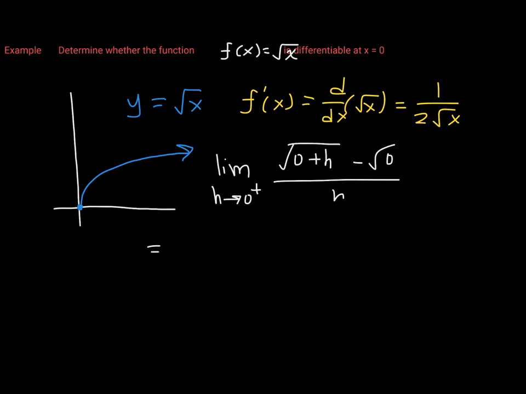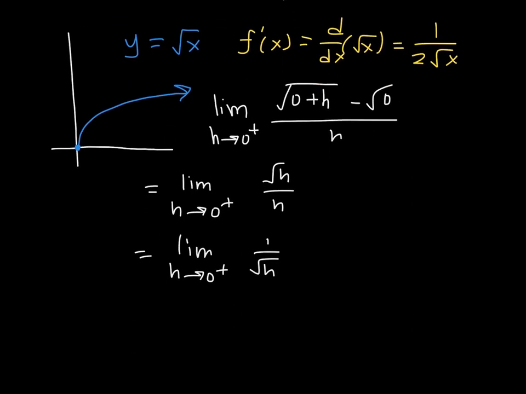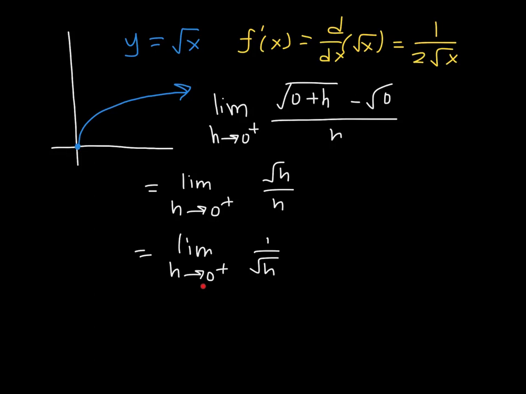So this would be equal to the limit as h approaches 0 from the right of the square root of h over h, which is equivalent to the limit as h approaches 0 from the right of 1 over the square root of h. Now, here you can see that if we allow h to approach 0, then this value down here is getting smaller and smaller and smaller, of course, while the numerator is fixed at 1. Therefore, this ratio is approaching infinity.